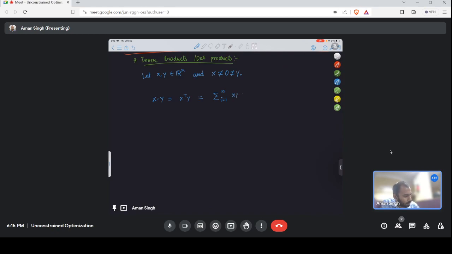This can also be written as x1 y1 plus x2 y2 plus dot dot dot xn yn.